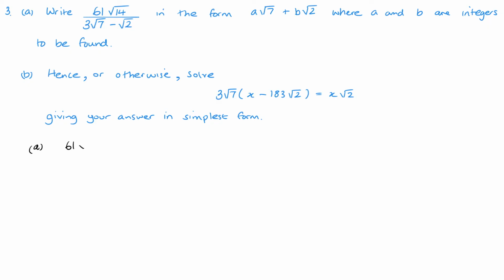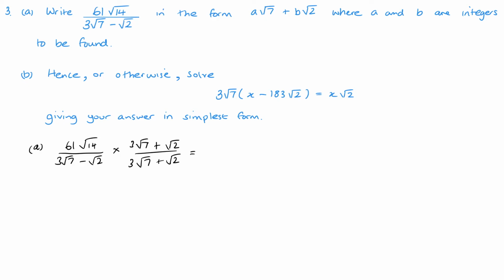So we get 61 root 14, and then it's 3 root 7 minus root 2. And so I'm going to need to multiply by root 7 plus root 2. And of course not missing the 3 that appears in front of the root 7 there.